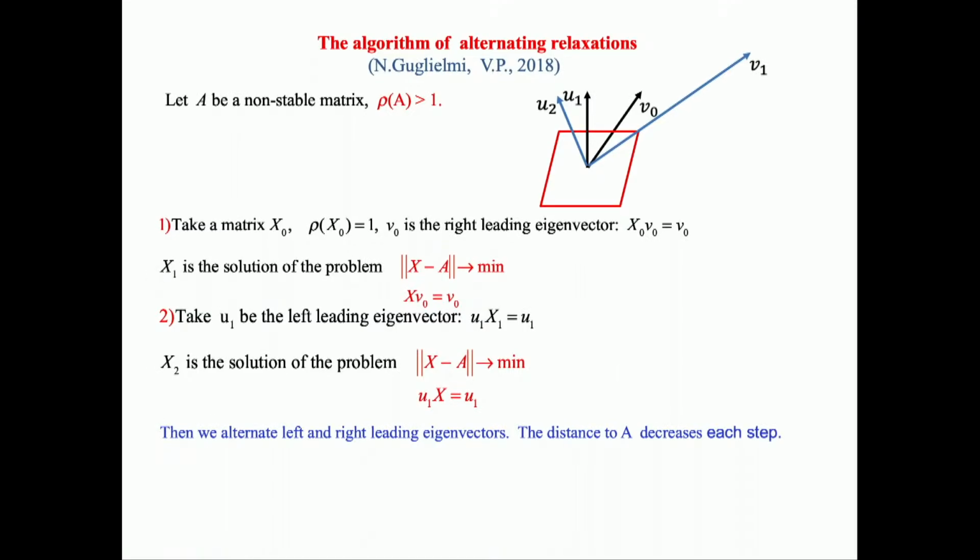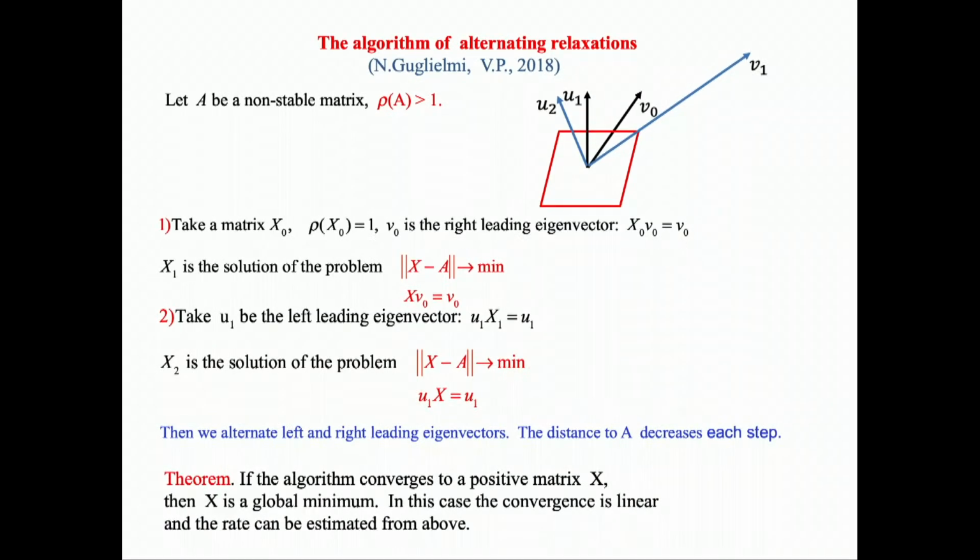It's a bit surprising that these left and right eigenvectors really lead to a solution. And this theorem claims that the limit always exists, and if the limit matrix is totally positive, so if there are no zeros, then it converges to the global minimum, to the global solution.